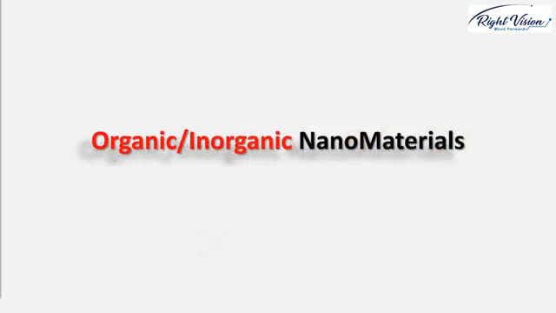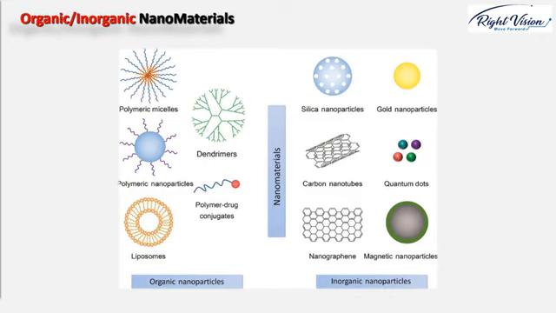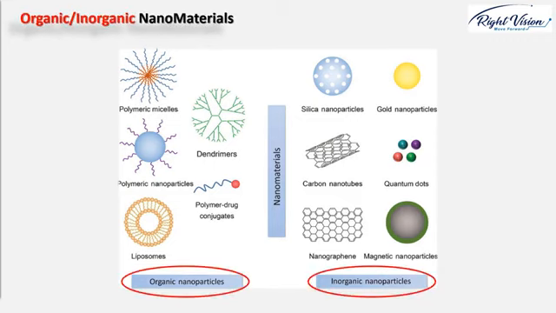Another classification of nanomaterials could be based on whether they are organic or inorganic materials. Organic-based nanomaterials are made mostly from organic matter. The weak non-covalent interaction between organic molecules could be utilized to transform the organic nanomaterials into desired structures, such as dendrimers, micelles, polymer nanoparticles, etc. Inorganic-based nanomaterials include metal oxide nanoparticles and nanostructured materials.